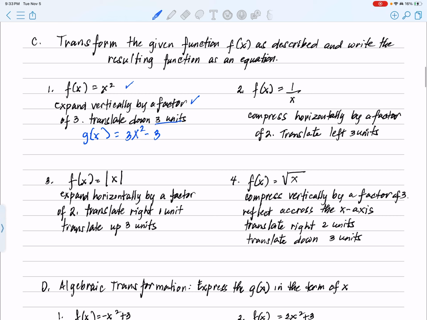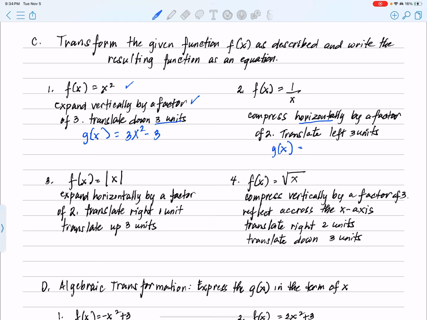F of x is 1 over x. Okay, so it's compressed horizontally by a factor of 2. So compressed horizontally, that means the inverse of 2 is 1/2 because it's a horizontal compression.